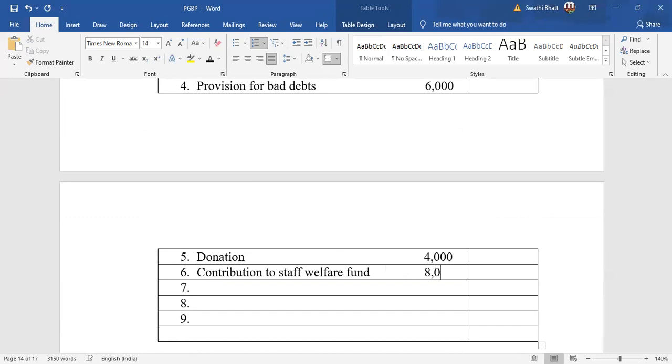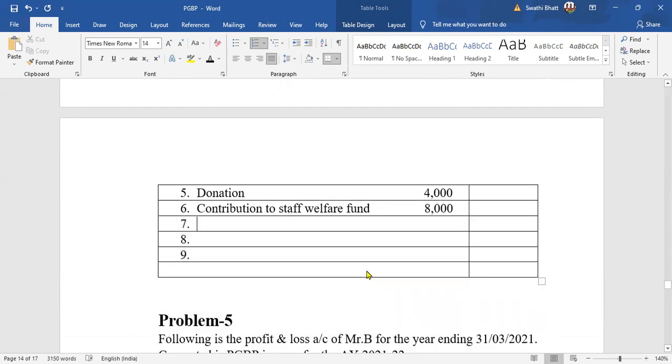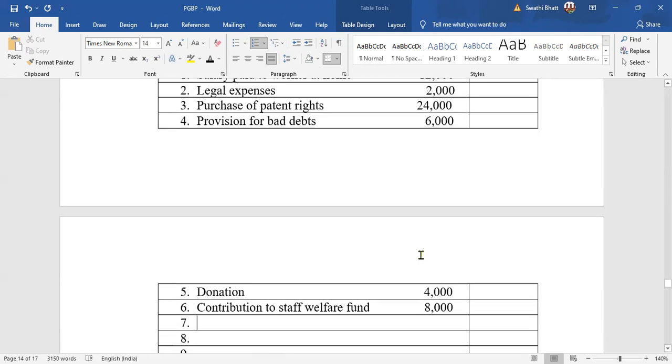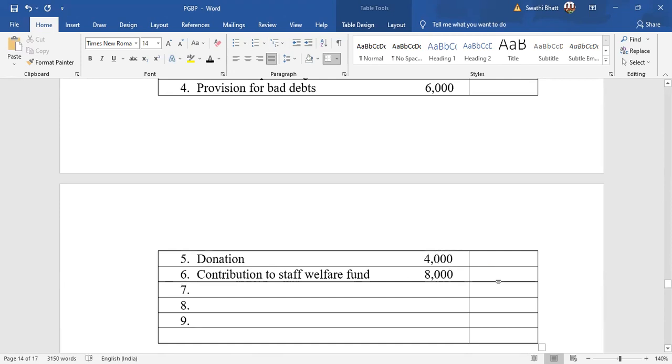So we're done with all the items on the debit side of the profit and loss account. We'll just total this up. The total of this will sum up to 70,000.